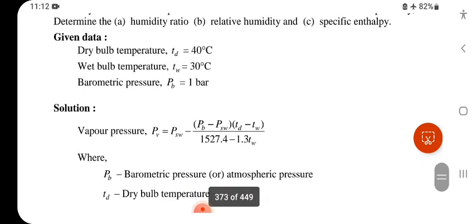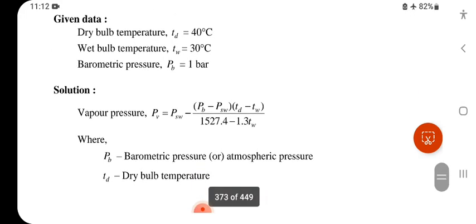So before that, the vapor pressure formula. Vapor pressure equal to PSW, the PSW denotes saturation pressure corresponding to wet bulb temperature, minus (PB minus PSW) into (TD minus TW) divided by (1527.4 minus 1.3 into TW).